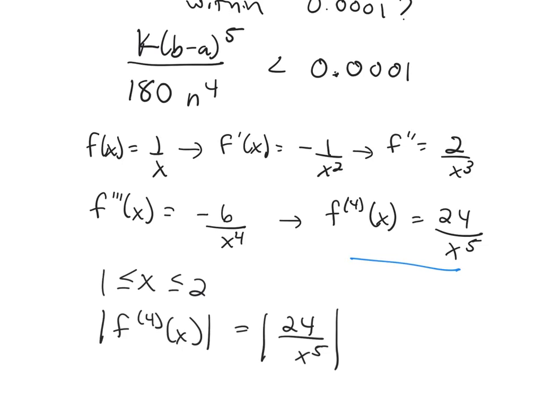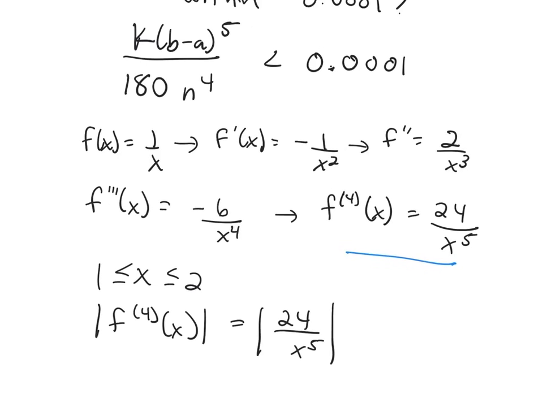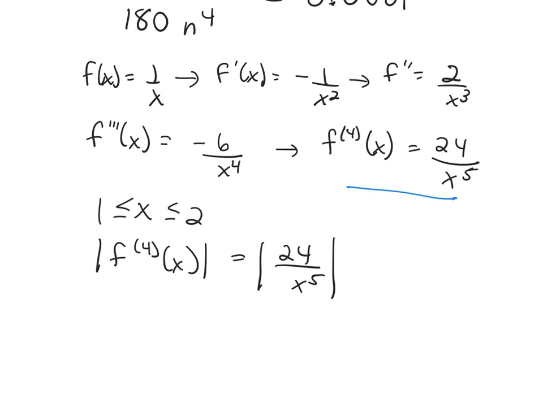It's positive, so I can drop the absolute value. And I want to make this number as big as possible. Plugging in 2 gives a smaller number than plugging in 1.